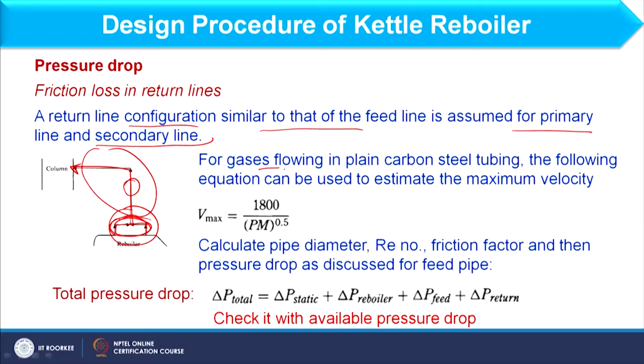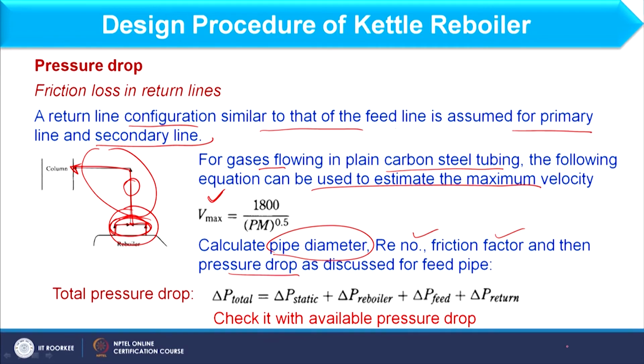For gases flowing in plain carbon steel tubing, the following equation can be used to estimate the maximum velocity. You can obtain that from this expression, and further we will find out the pipe diameter, Reynolds number, friction factor, and then the pressure drop as we have calculated for the feed pipe, right.